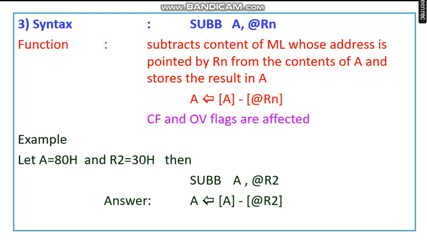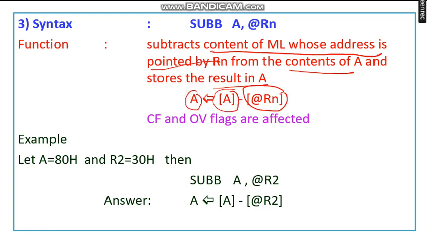Third syntax is SUBB A, @Rn. Meaning of this, it subtracts the content of memory location whose address is pointed by Rn from the content of A and stores result in A itself. So subtract the content of location pointed by Rn. So go to that location, that data is subtracted from A, and the answer is stored in A itself.